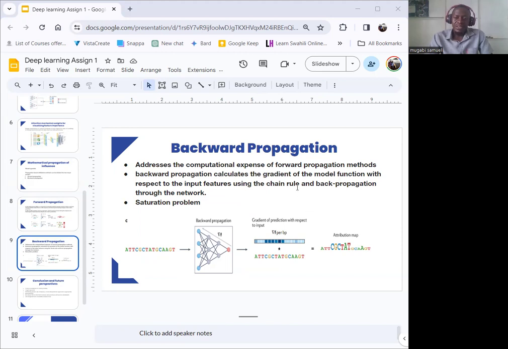From there it comes up with a gradient-based attribution map, from which the features the model predicted on are shown depending on feature importance. But also in there we get saturation problems, like any other model.